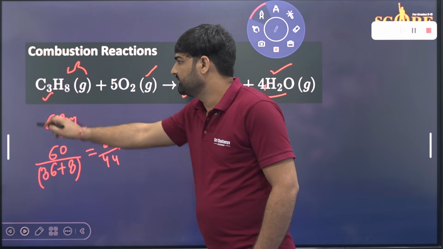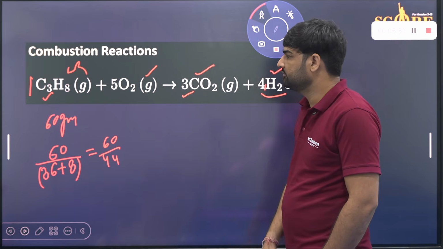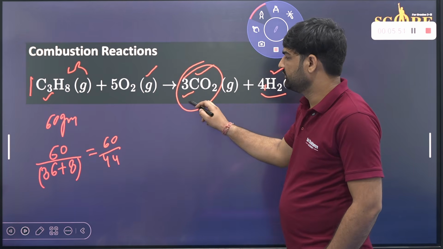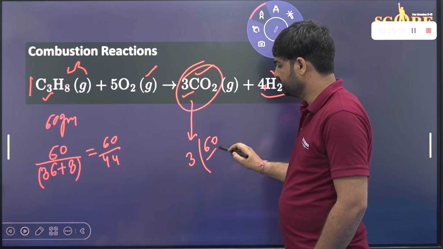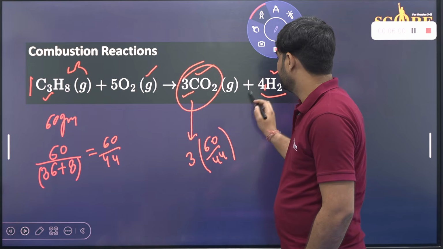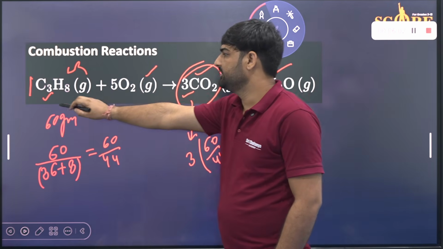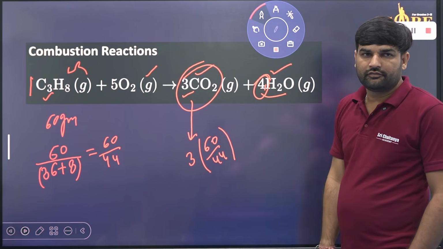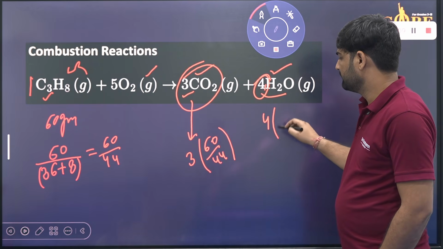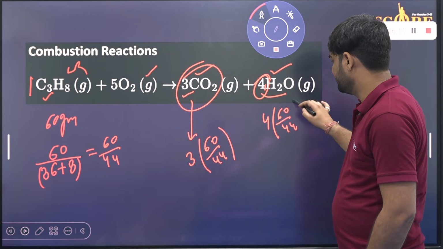So we can say 1 mole of this will be consumed and 3 moles of CO2 will be formed. So this will be 3 times 60 upon 44. And if this is 1, then water will be 4 times, so this will be 4 times 60 upon 44. This is the moles.